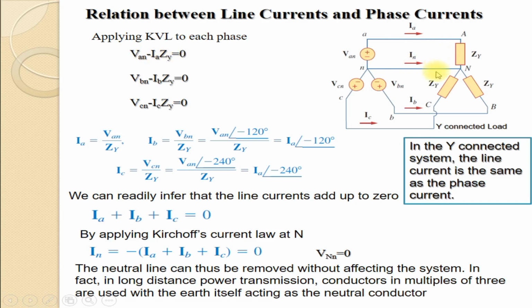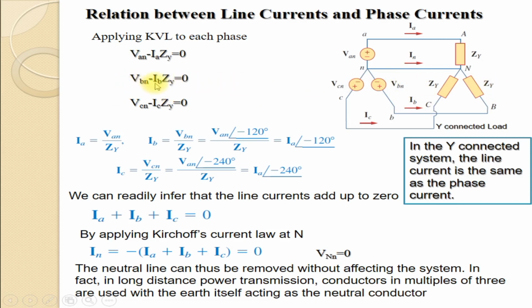Similarly, if you apply Kirchhoff's voltage law to this loop, starting from this point N, going via this and returning to this point, you get the equation VBN minus IB ZY, which will be equal to 0.